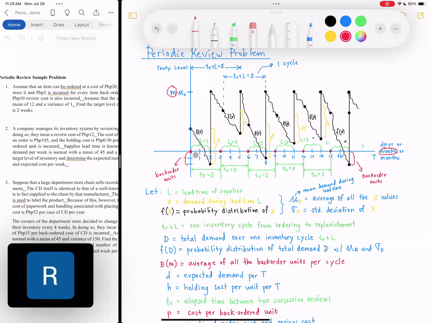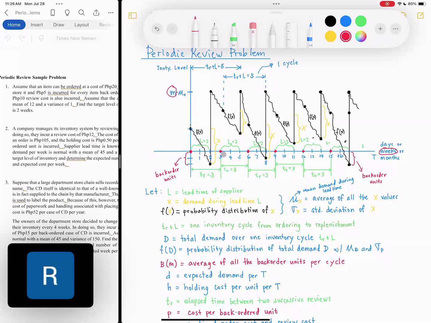So in this problem, since your review period is 3 and the lead time is 2, then from period 0 to period 5, TR is 3, lead time is 2, 3 plus 2, you have 5. So from period 0 to period 5, which is over here, that is one inventory cycle.